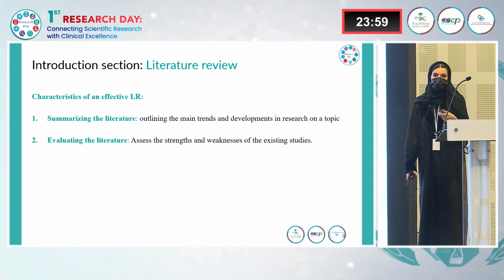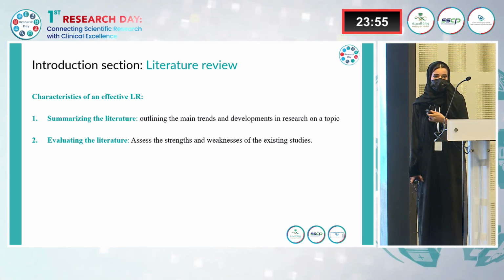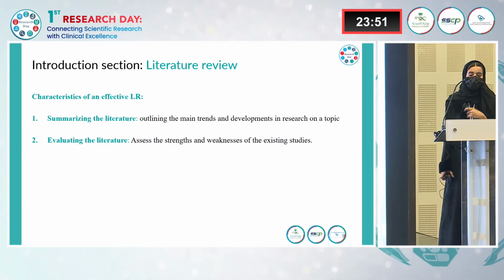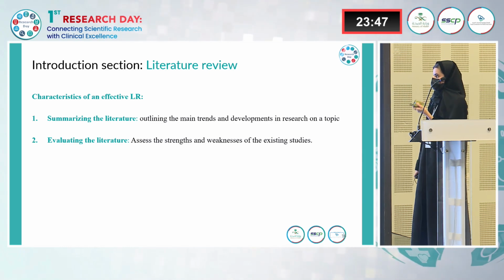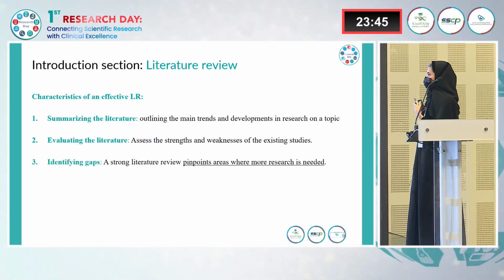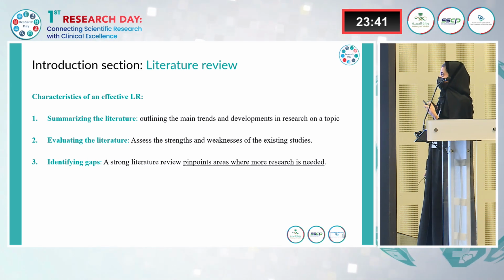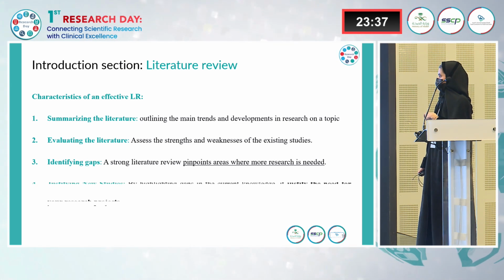However, it wasn't studied in medically ill patients or patients outside of the critical illness setting, or patients with hepatic failure. So you should highlight the strengths and weaknesses of existing literature, which will then lead you to identify the research gap and pinpoint the area where research is still needed.